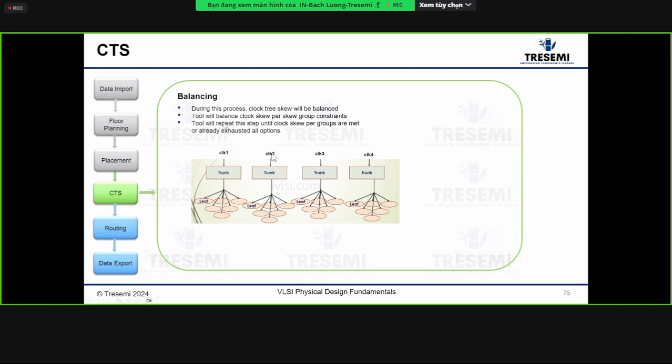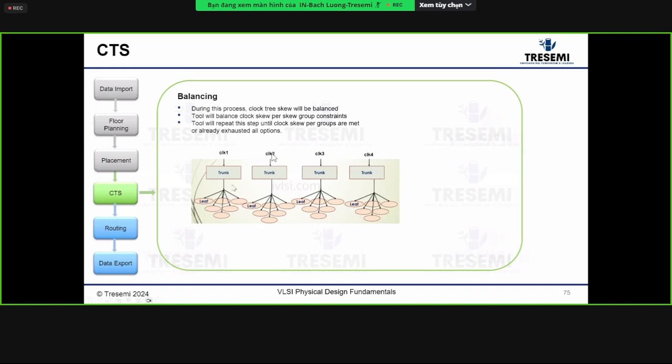So the tool repeats this until all the skew groups are met or it has exhausted all options, meaning it tries everything. If you have a challenging design, it tries everything, it basically gives up. That's all it can do. And you still have a large skew. Then you need to take a look at your floorplanning and so on. Okay, so that's balancing.